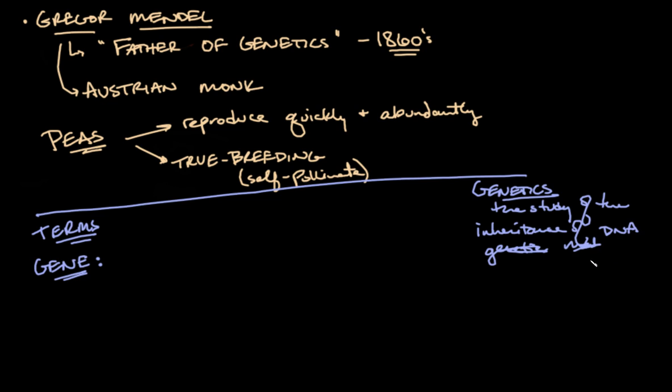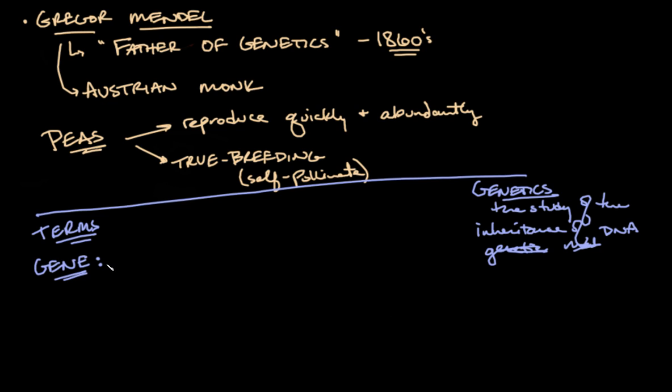So this is how we inherit DNA. It's not the study of DNA, it's the study of how we get DNA. And so it's all about passing stuff down. And so in this case, we need to have multiple generations. I hope you see the word gene in the word generation. It's very, very closely related in root.